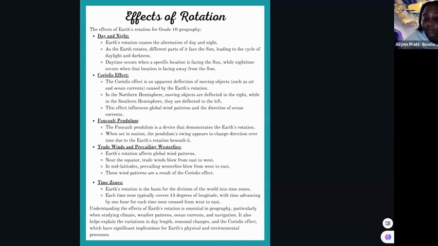Anything else? Tides. Very good. Winds, 24-hour days. Lovely. Time zones, the Coriolis effect, the pendulum effect, trade winds. Good. Those are some of the things that are a result of rotation.